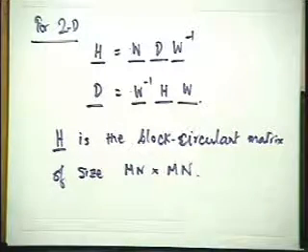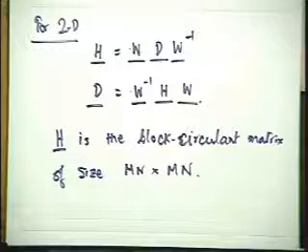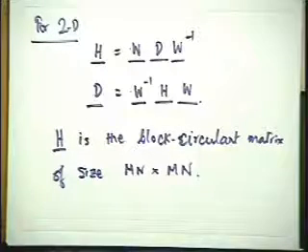And what is the physical significance of D now? D is the diagonal matrix consisting of eigenvalues. What were the eigenvalues in the case of one dimension? Eigenvalues were the one-dimensional discrete Fourier transforms of the H function.